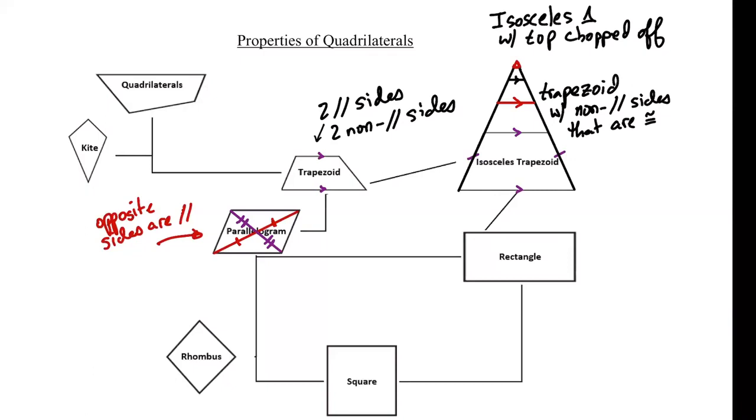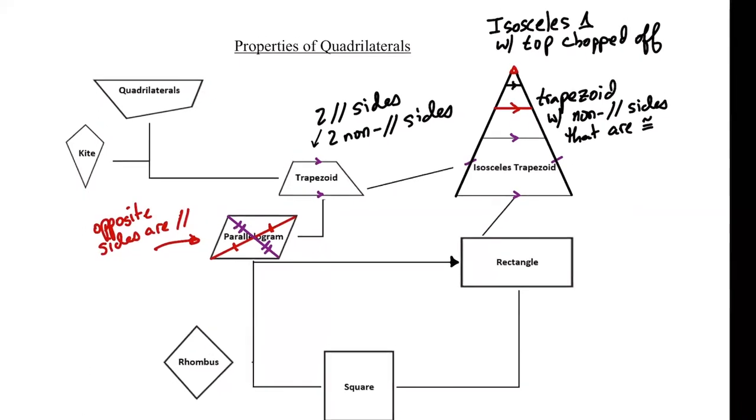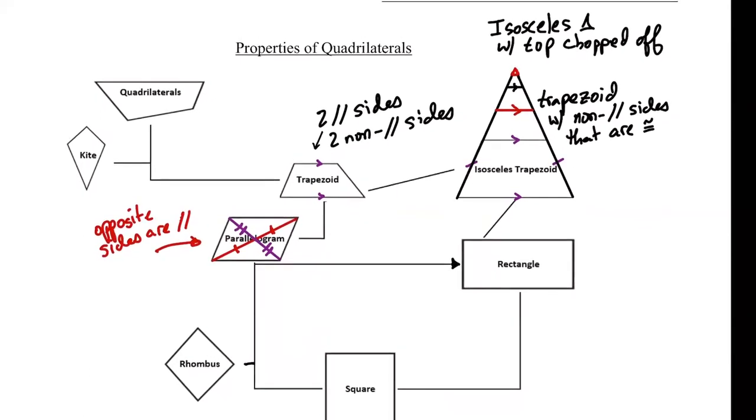You get two different pathways that emerge from the parallelogram. You get the rectangle, you get the rhombus. There should be a little arrow here, a little breaking off point. So a rhombus is a parallelogram with all sides congruent.